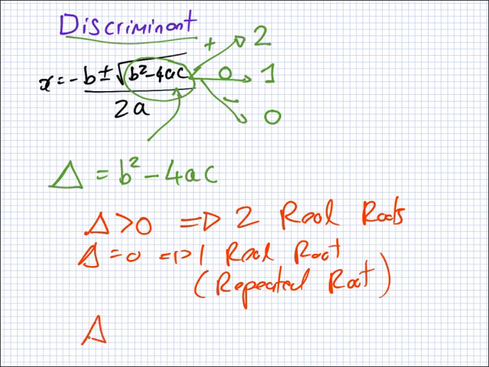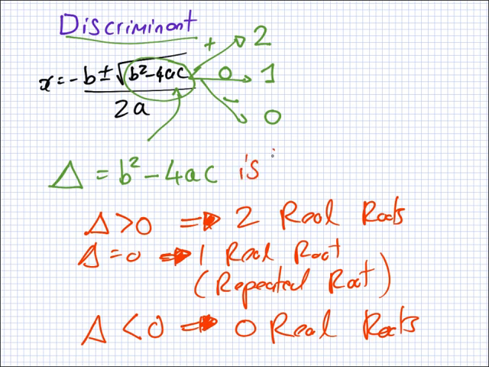And lastly, if the discriminant is negative, then that means no real roots. Okay, so we'll have a look at some examples. If you can please write that down in your notebook. Discriminant.